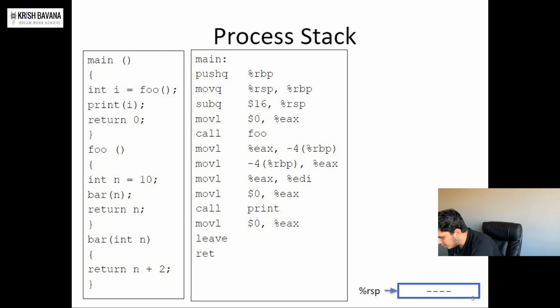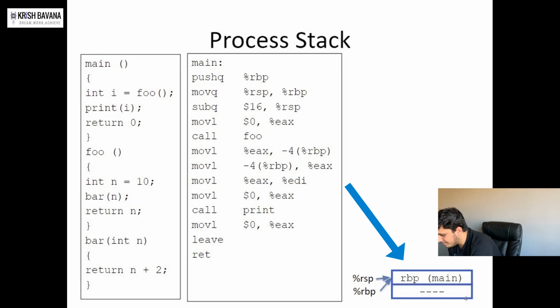So now let's look at the processor stack. If you look at the processor stack, firstly we are pushing in the RBP register. When we push the RBP register, it automatically creates another frame on the stack that we have right now. Firstly, what we had was just RSP, and now we are adding the RBP frame, and then we are moving RSP into RBP.